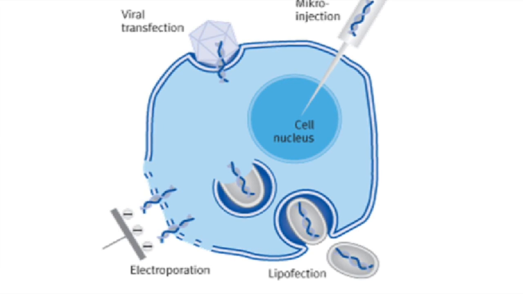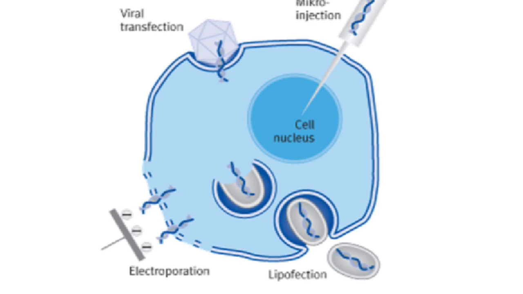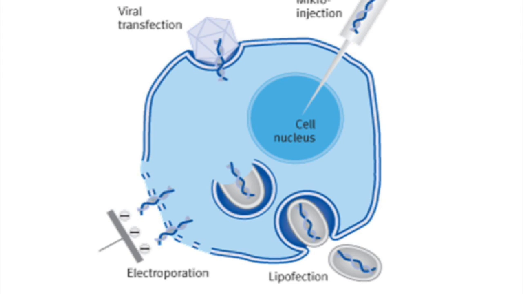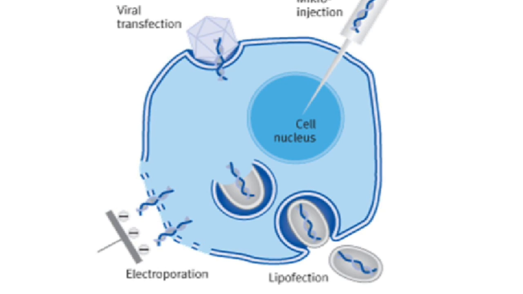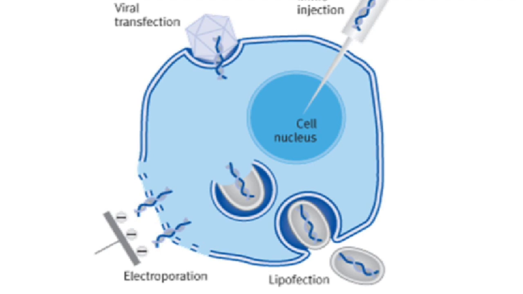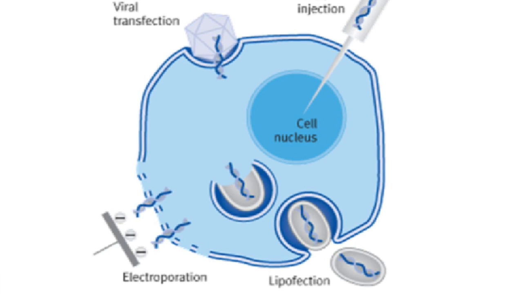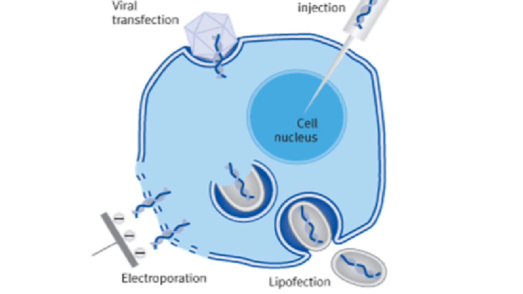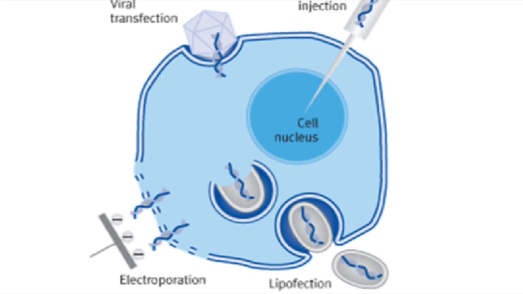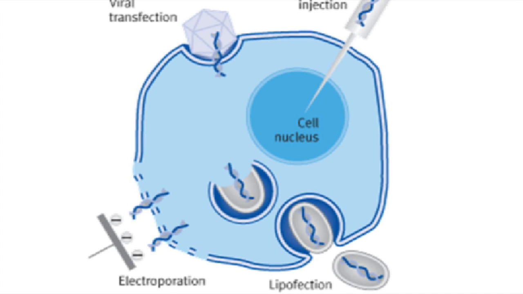Before choosing a transformation method, it is necessary to consider the quality of the sample, since if it is contaminated with phenols, ethanol, or detergents, it can damage the structure of the membrane and inhibit cell growth. Also, look for a plasmid length between 2.9 and 12 kilobases to increase the probability of transformation.